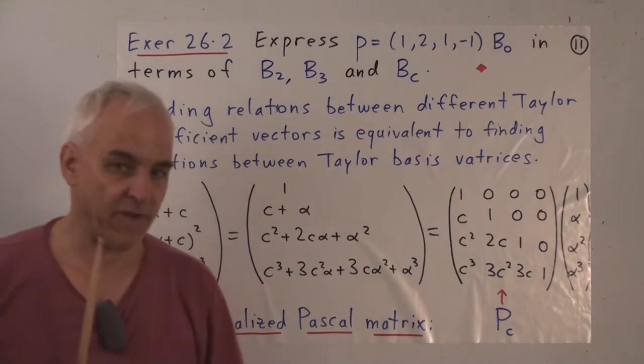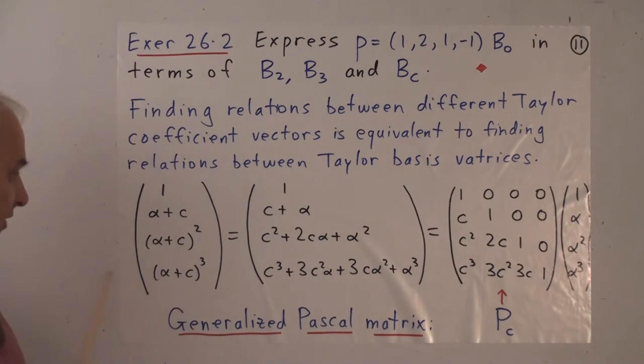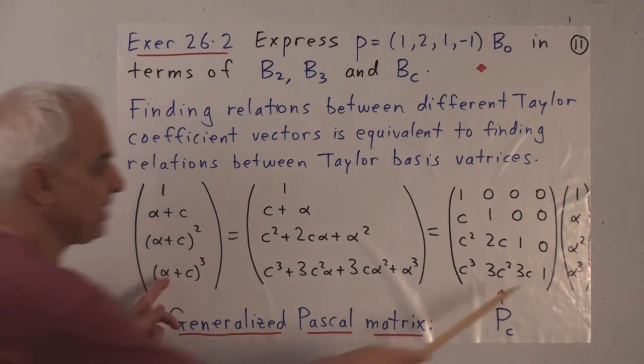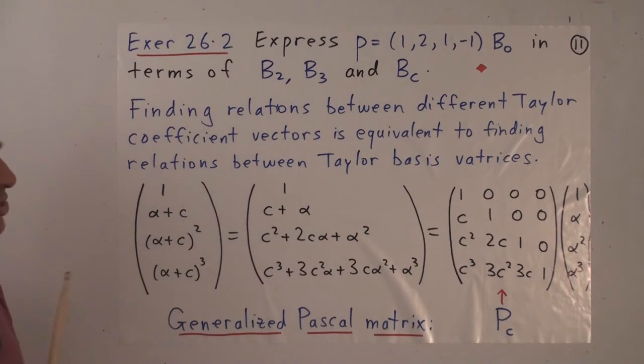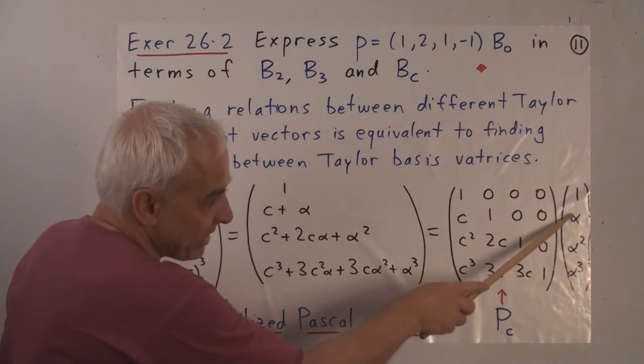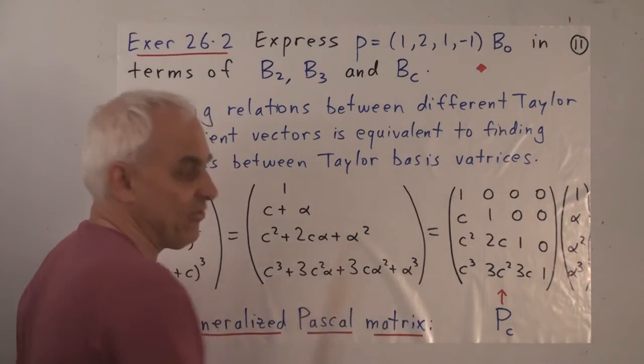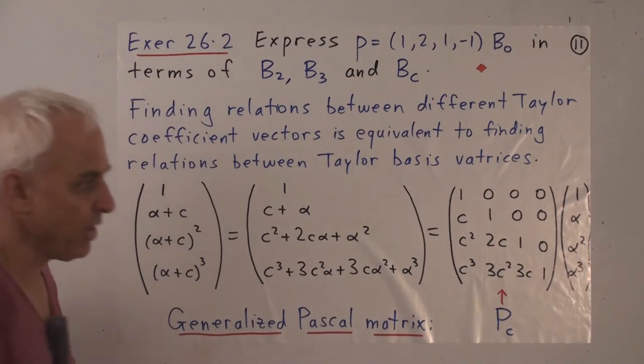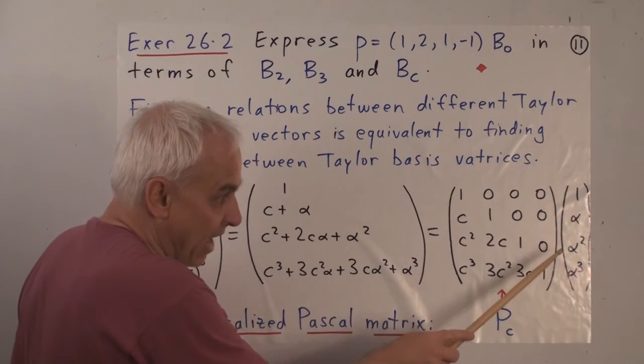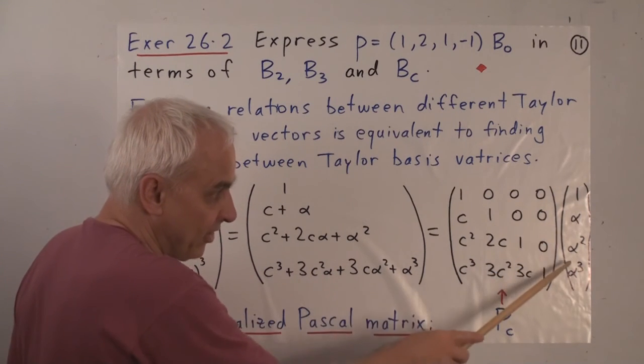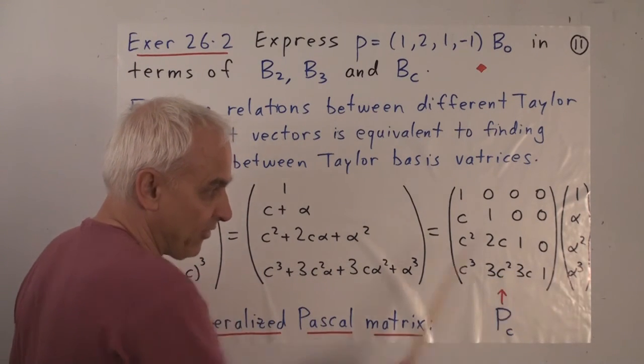Let me make another observation, another variant of this. Suppose that we wanted to relate not these two bases, but a little bit more general. Suppose we wanted to replace this over here with alpha plus D, let us say. So if we replace alpha with alpha plus D, then this would be alpha plus D squared, alpha plus D cubed.